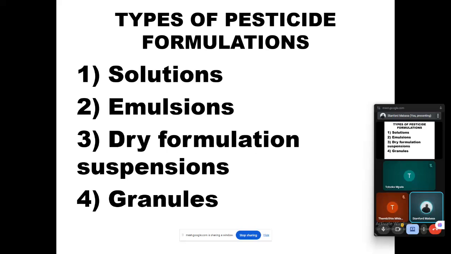We've got solutions, which are liquids anyway. Emulsions, these are liquids in broad terms. Then we've got dry formulation suspensions. Then granules, which are actually solids.